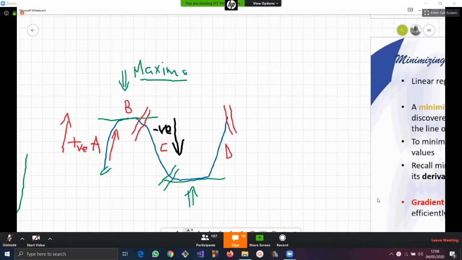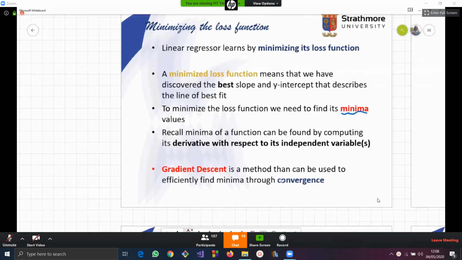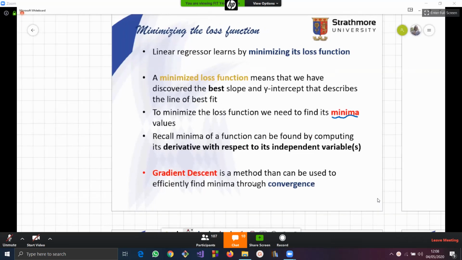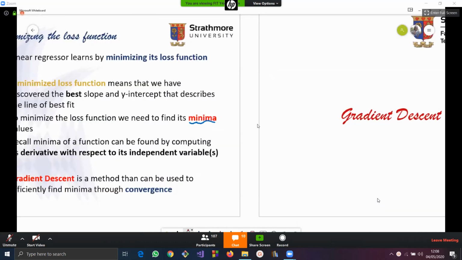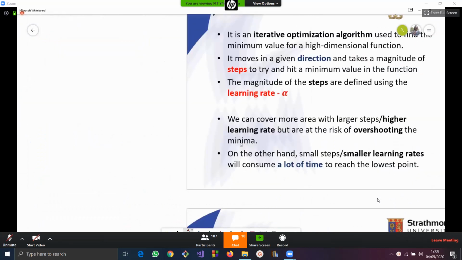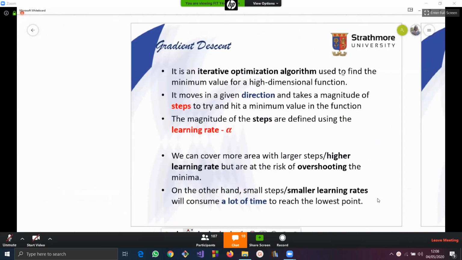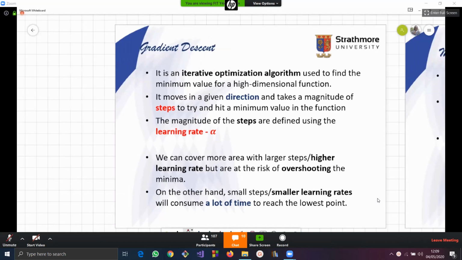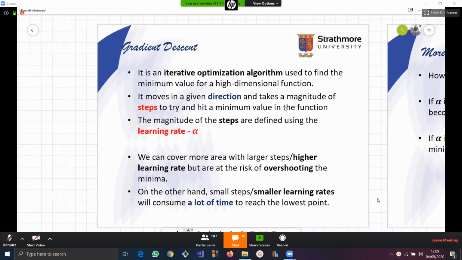So what is gradient descent is now the next thing that we need to discuss. The most famous way to learn in machine learning is using gradient descent. There's another way to train linear regressors called least squared errors, but I'm not going to teach that. That's a statistics kind of thing.